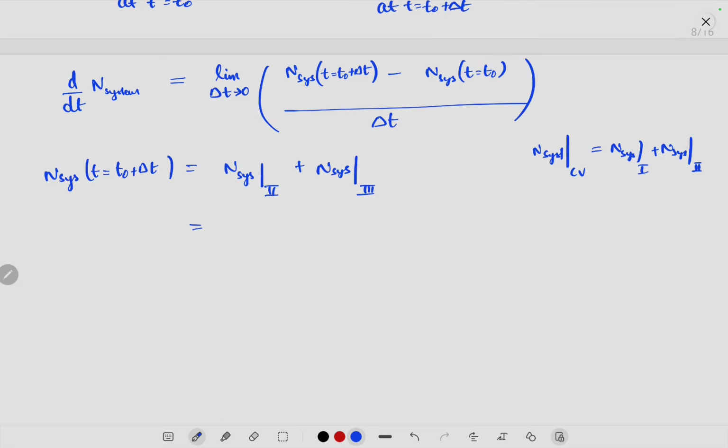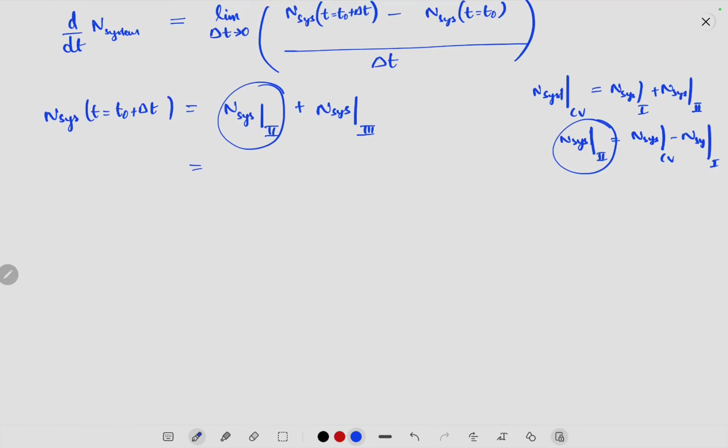So since region 2 can be written in terms of N_system in CV, N_system in region 2 can be written as N_system in CV minus N_system in region 1. We'll use this to replace, so we can write N_system in CV minus N_system in region 1 plus N_system in region 3.